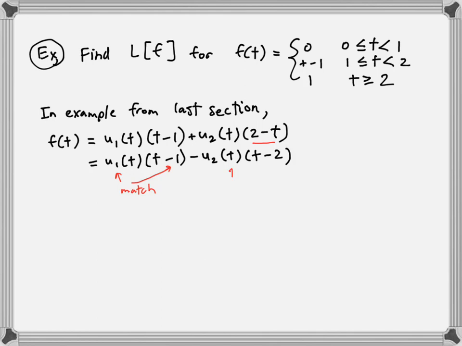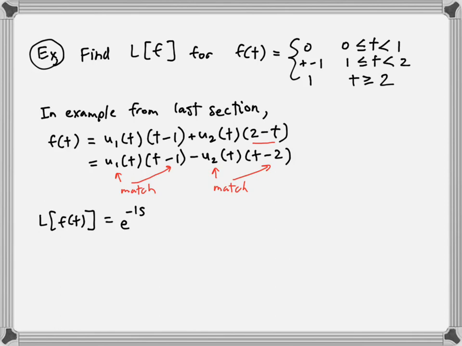And this and this match. Okay. So then what would the Laplace of f of t be? So what you're going to do is remember how the shifting theorem applies, right? You multiply by e to the negative as. In this case, a is 1, so I'm just going to write negative 1s, just so you understand how I use the shifting theorem.